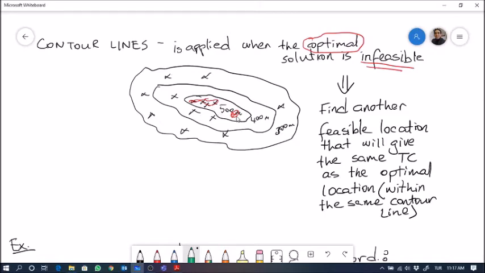It's not the optimal location, but we are going to have another location that is feasible and will give us the same height. Or in other words, we are going to find another feasible location that will give us the same total cost as the optimal location. That means within the same contour line.